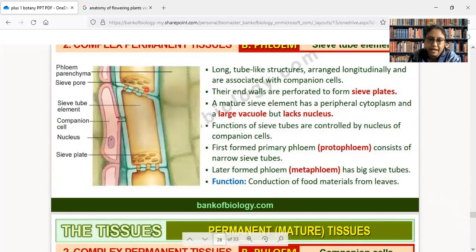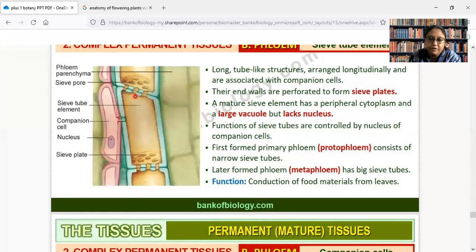In between two sieve tube elements, there are sieve plates responsible to act as a sieve, that is channi. As long as the sieve cell matures, it has peripheral cytoplasm and a very big vacuole, but it doesn't have a nucleus. So the functions of sieve tubes are controlled by the nucleus of the companion cell.